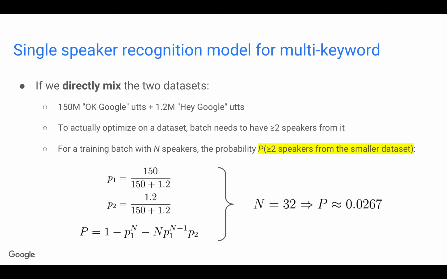Let's make an assumption: for example, one training batch has about 32 speakers, which is a very reasonable batch size. In that case, we find that the probability that this batch has at least two speakers from the smaller dataset is only about 0.02, which is too small, which means that most of our training batches never make use of the smaller set, which is very bad.